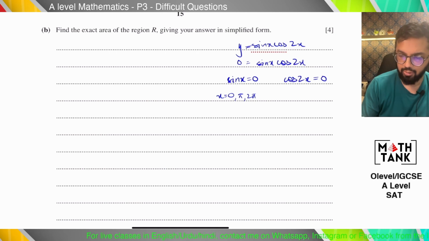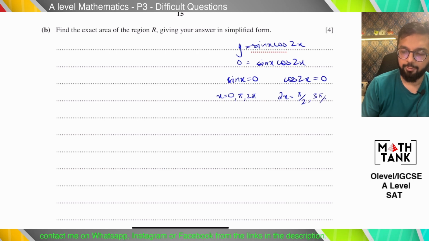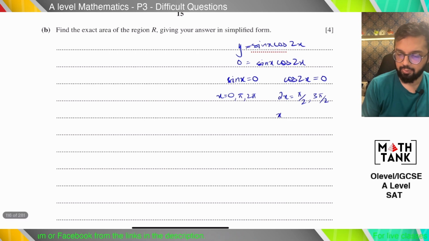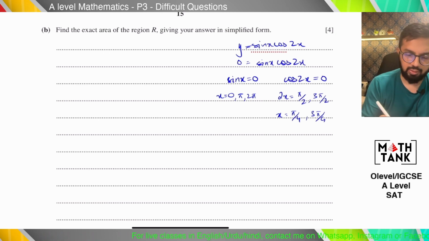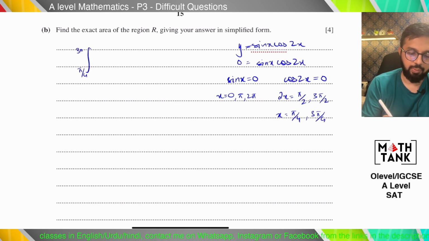When is cos 0? Cos is 0 at 90, then 270 and so on. Okay, so x could be pi over 4 or 3 pi over 4. It could be other values as well, but I think I've got my two coordinates that I wanted, so I'm going to write pi over 4 to 3 pi over 4.